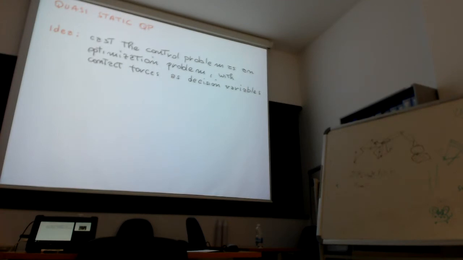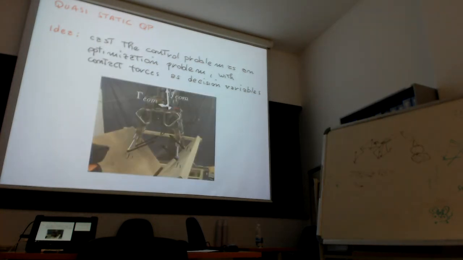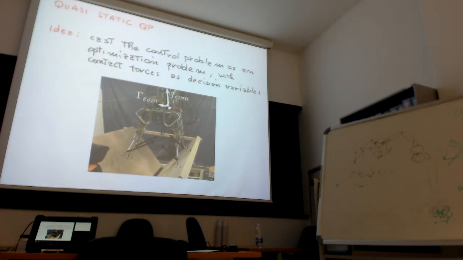The idea is to cast the control problem as an optimization problem with contact forces as decision variables, and then exploit this redundancy that we have to enforce these friction cone constraints. So think about, you can have forces vertical or horizontal, you can have whatever force, and you want to select the ones that satisfy the constraints.